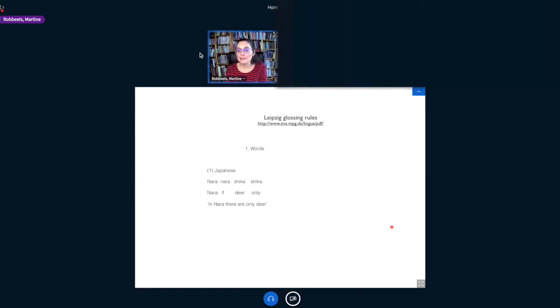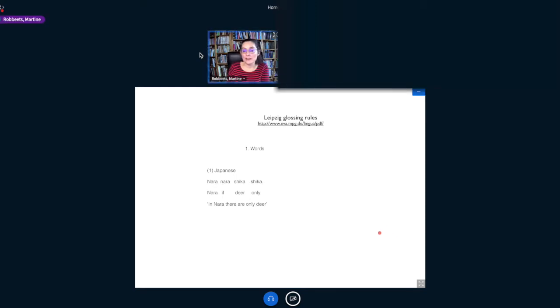And there's a detailed PDF of how these Leipzig glossing rules work at the URL that you see here, but I will just give a summary of the most important points. Note that they are called Leipzig glossing rules because they were originally developed at the Max Planck Institute for Evolutionary Anthropology in Leipzig about 10 years ago.